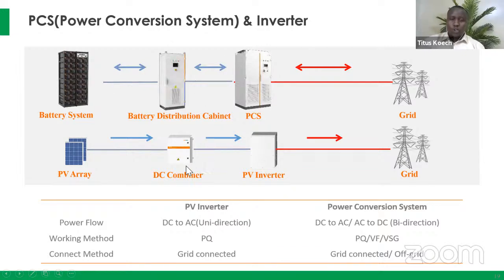In comparison to PV inverters, in this case we have the PV array in DC form, and from the PV inverter, we get the conversion from DC to AC. So you can see it's unidirectional. So this is the main difference: this is bidirectional and this is unidirectional. This is very important to note, because it's also very important for our next slide. We are going to discuss AC coupling and also DC coupling as well.